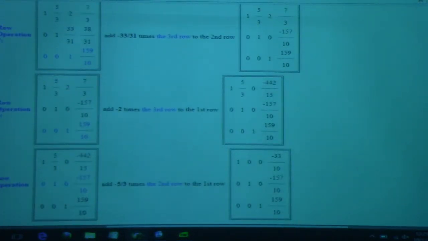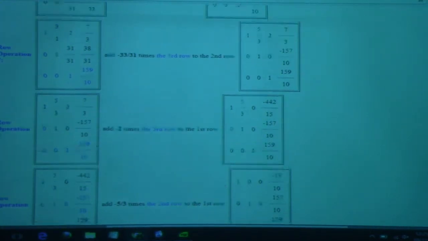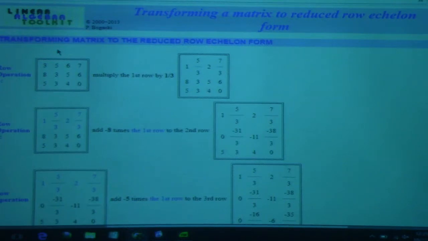The solution is x equals minus 33 over 10, y equals minus 157 over 10, and z equals 159 over 10. The system of equations I started with was 3x plus 5y plus 6z equals 7, 8x plus 3y plus 5z equals 6, 5x plus 3y plus 4z equals 0. So this is available. Just kind of awesome.